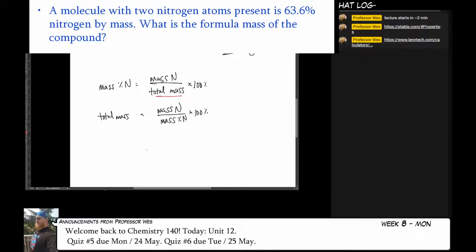And then we'll fill in the information. So I have 2 nitrogens, and each nitrogen is 14.01 AMU. There we go. The mass percentage of nitrogen is 63.6% times 100%. And I get 44.1 AMU.